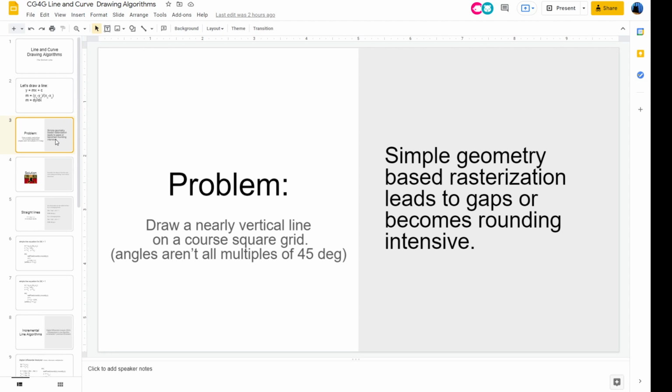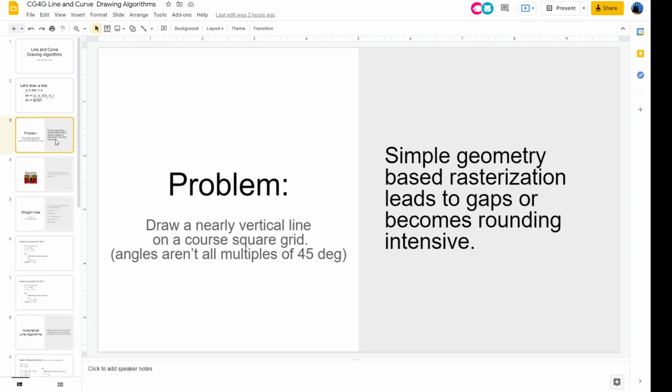If you do it completely naively, with simple geometry-based rasterization, it can sometimes lead to gaps and become rounding intensive. You're rounding every pixel every time you move something. Rounding is expensive. It used to be more expensive in terms of CPU usage.